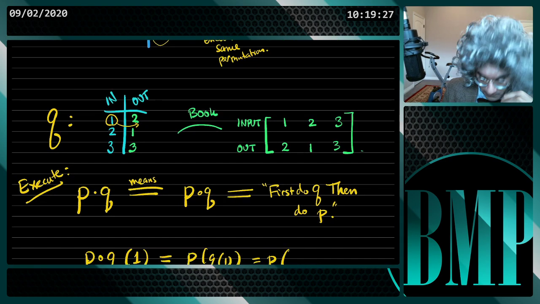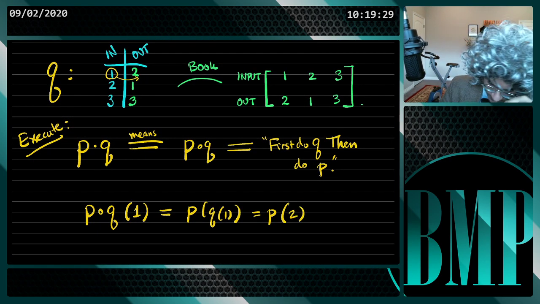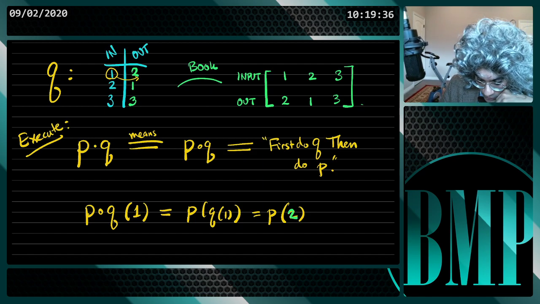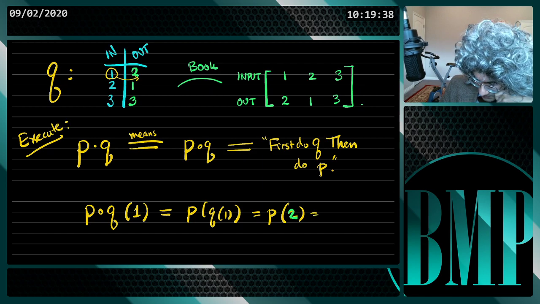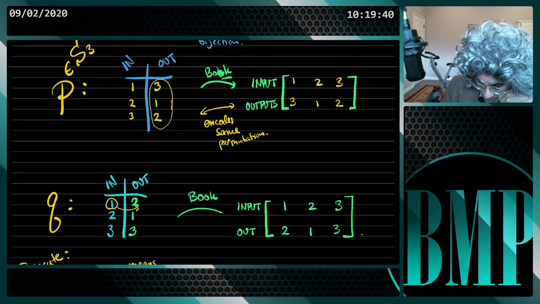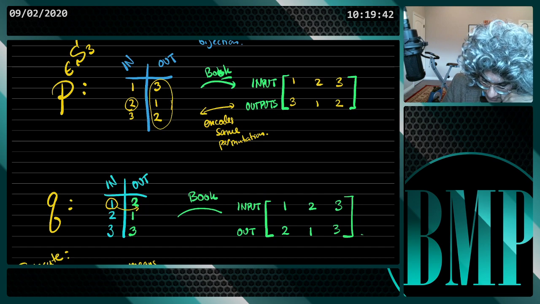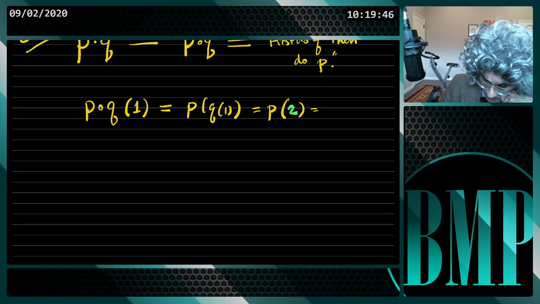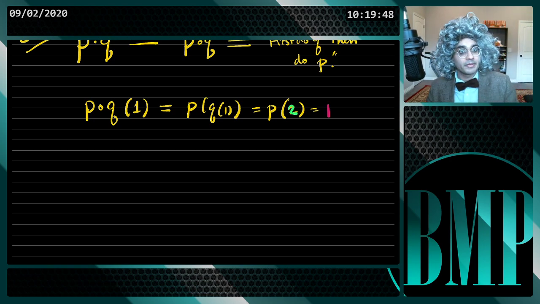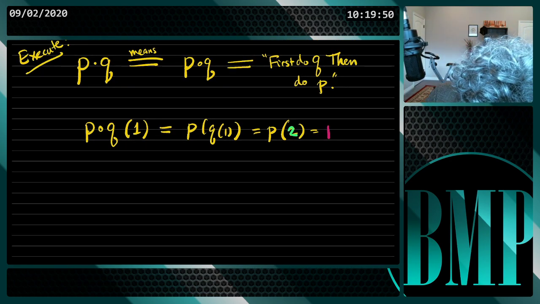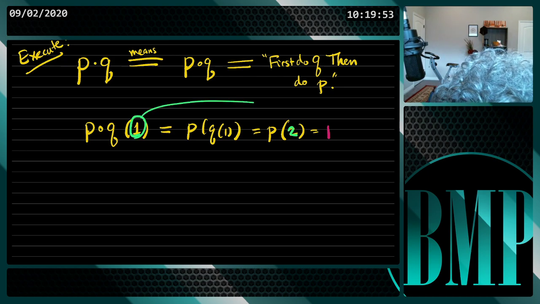Q of 1 is 2. It's this green 2. And then it's P of 2. Now, P of 2 is this red 1. So where did 1 go? 1 was sent to 1.